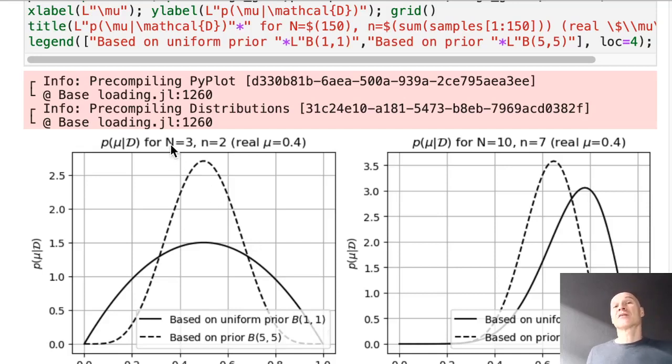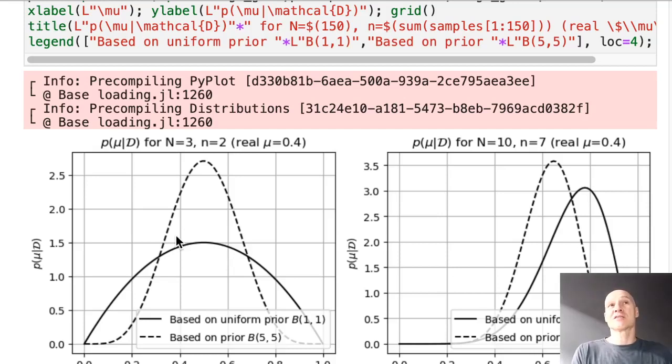After 3 throws and 2 heads, this is the posterior over mu for one prior, and the solid line is the posterior for the other prior. So when I've seen very little data, we have quite different beliefs for what mu is.